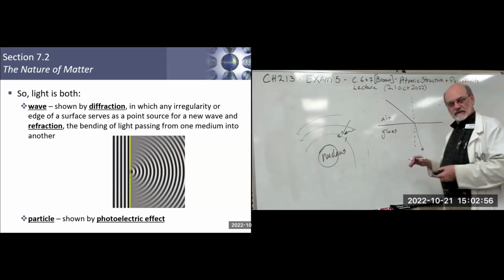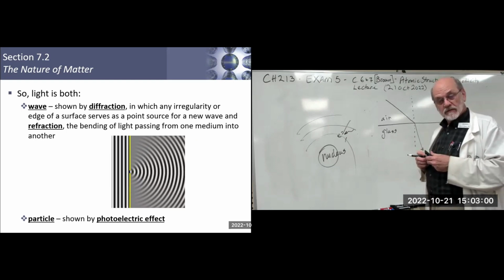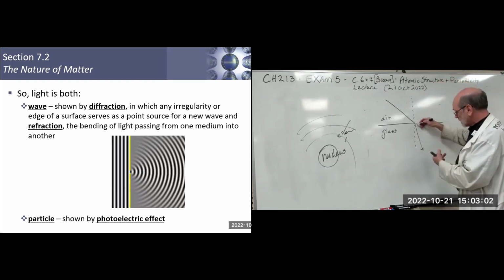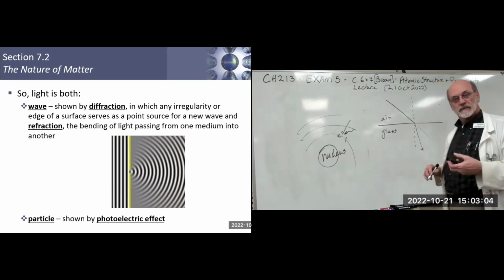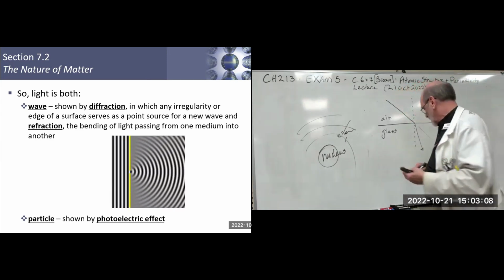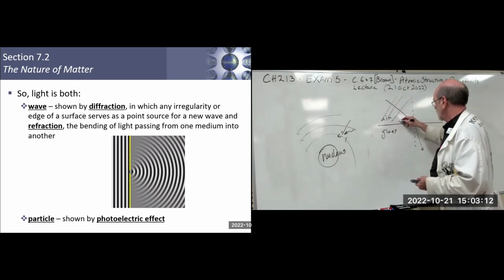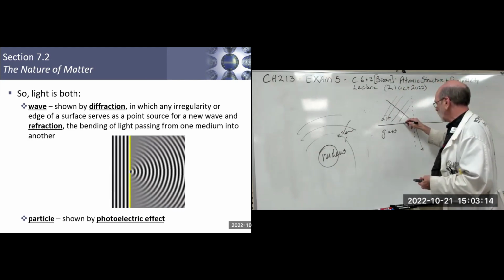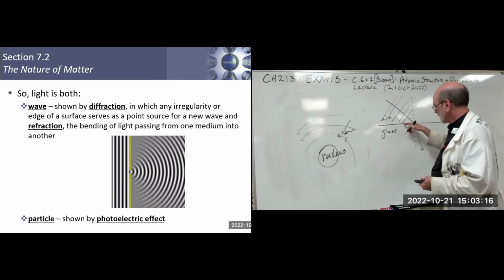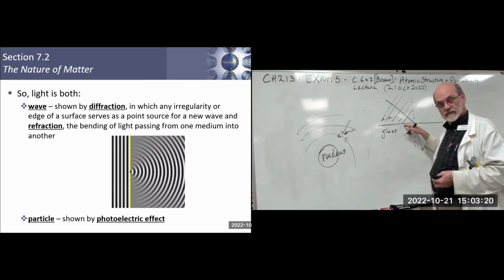So why is that? Well, the only way we can explain it, right? If light were particles, it'd just keep going straight down here like that. But if light is a wave, what happens is the wave comes in like this, and when the one edge of the wave strikes that glass, that part of the wave slows down.